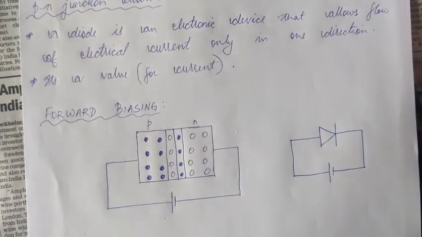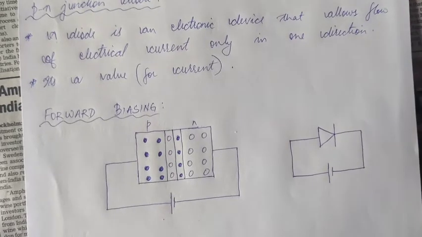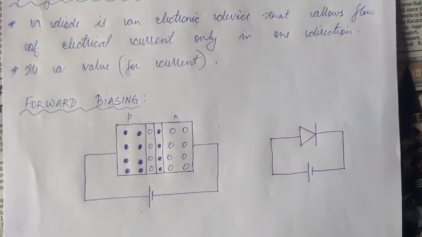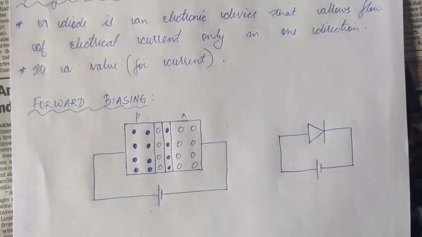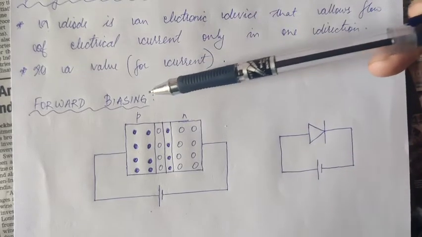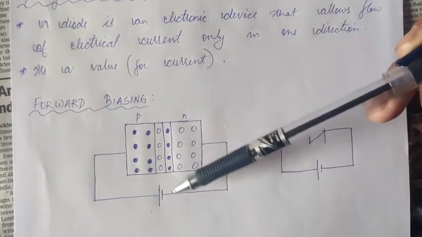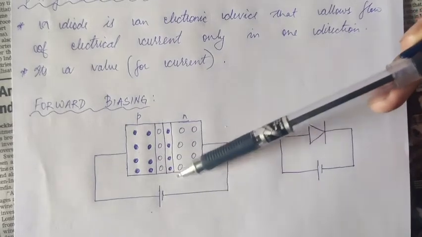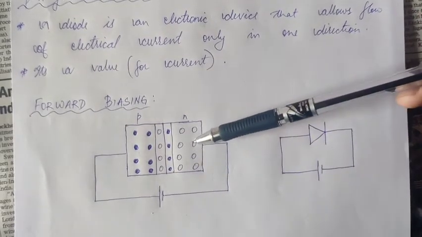Alright, so a p-n junction diode can be used in two ways. One is called forward biasing. Biasing simply means in what way the battery is connected to the p-n junction diode.